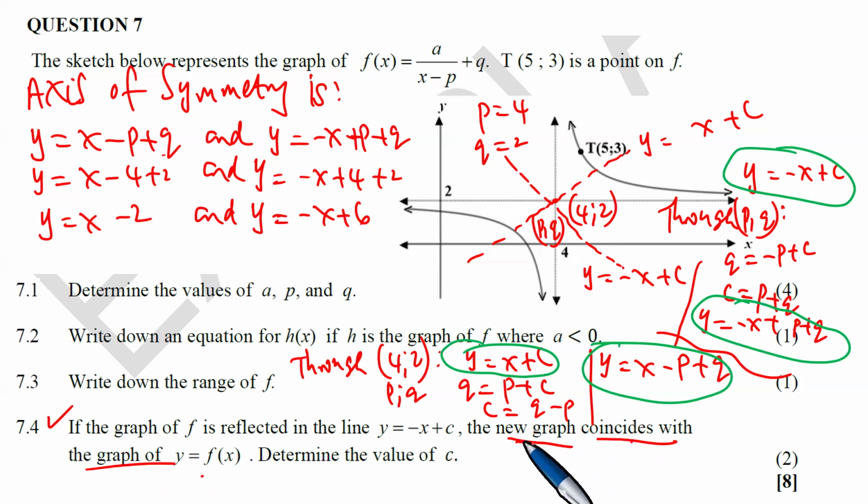It means this is the line of symmetry, and we determine the value of C.